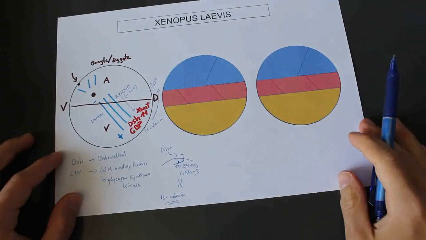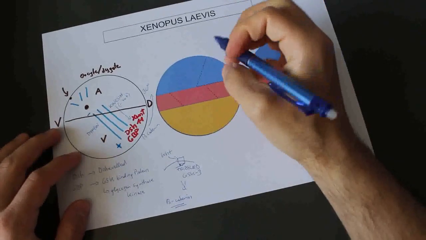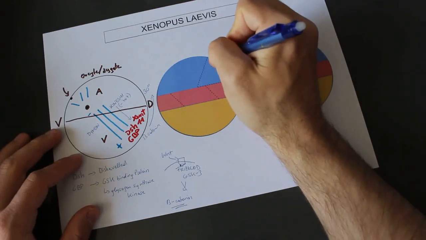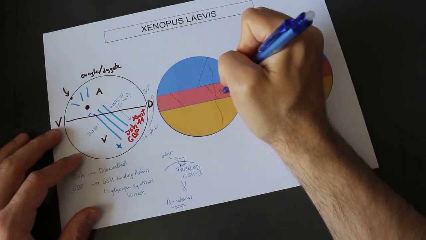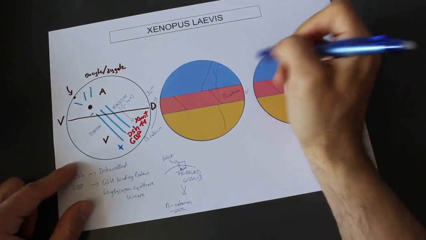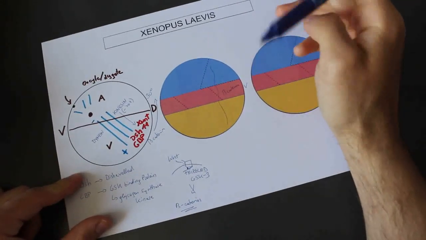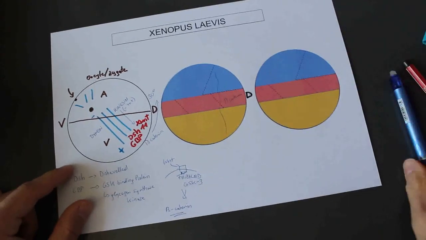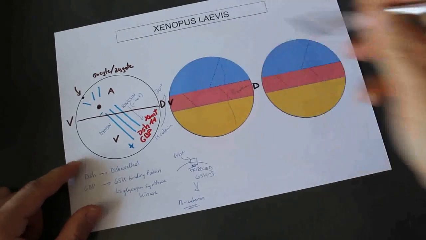Okay, let's go on. I'm showing you the gradients here. So you have beta-catenin, which is around here somewhere. Sorry, that's the dorsal side. On the dorsal side here, right? And that's the ventral.